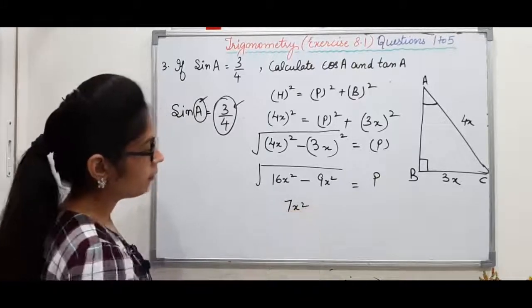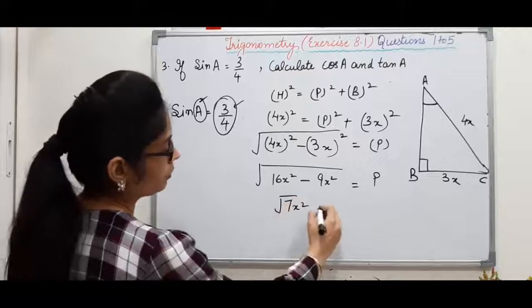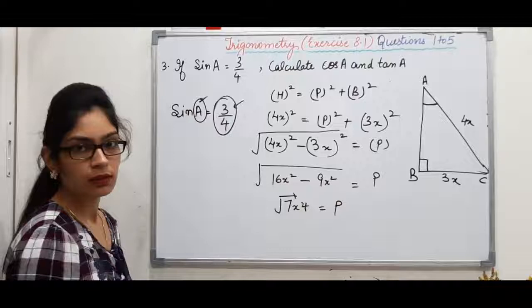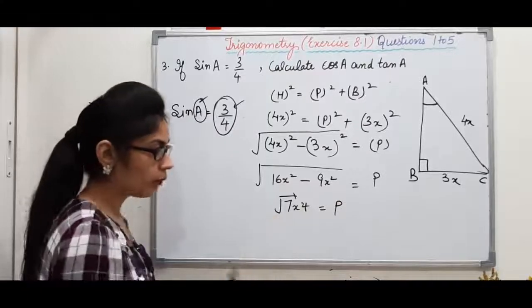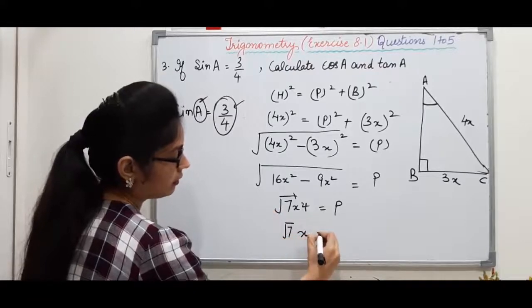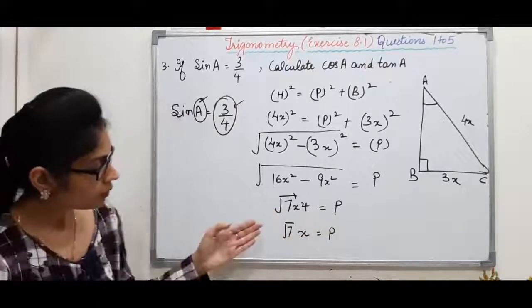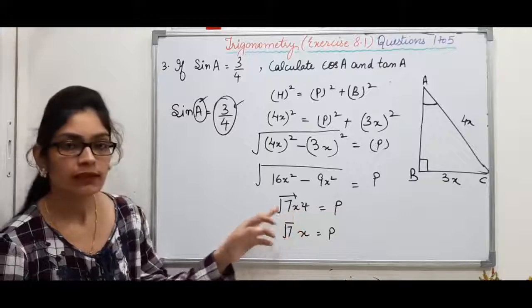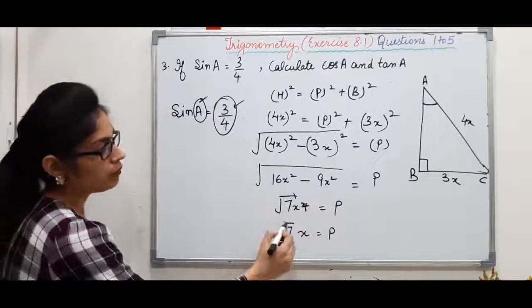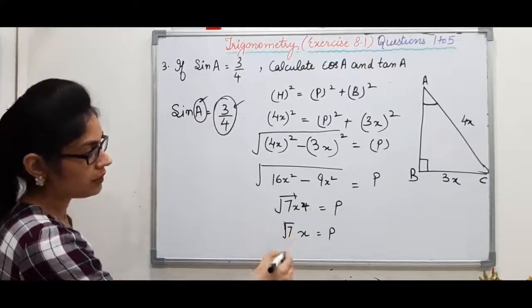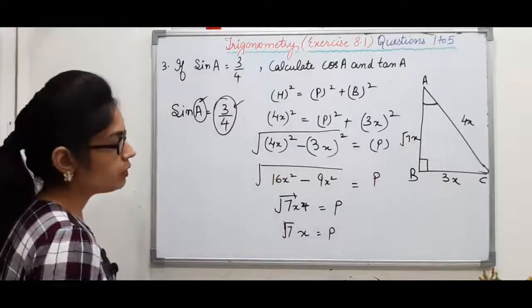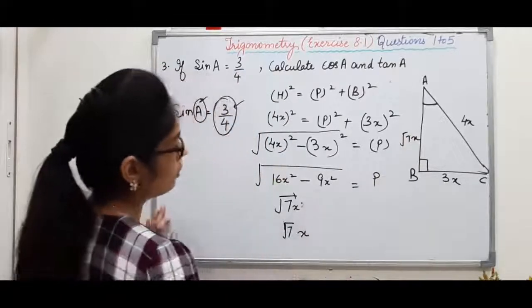The square will get cancelled with the square root, so our value will be root 7x. So the value of this is root 7x. So here we can write root 7x. Okay, so we have found the value of AB also.